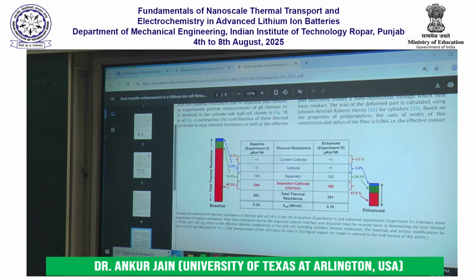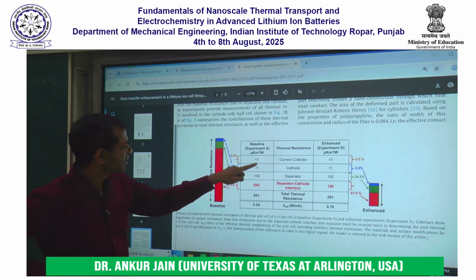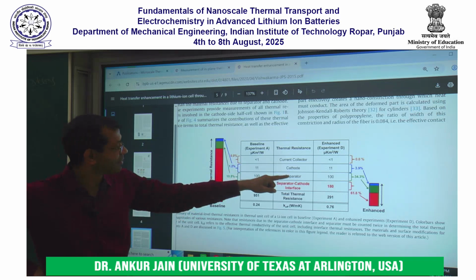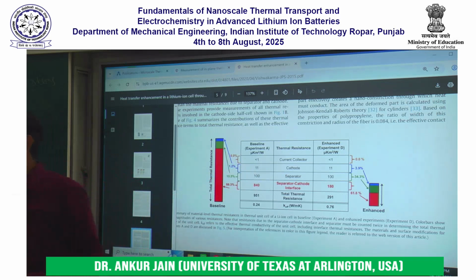The cathode offers a little bit of resistance. The separator offers a good deal of resistance, which is expected because the separator is made up of polypropylene, a polymer material, which typically has low thermal conductivity, right? But the majority of thermal resistance, about 88%, we found was coming from the separator cathode interface.